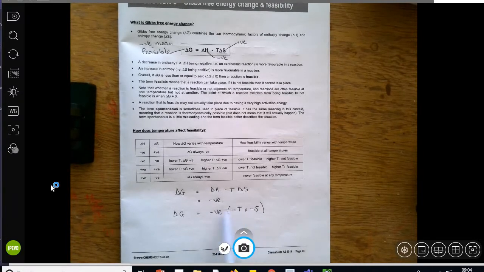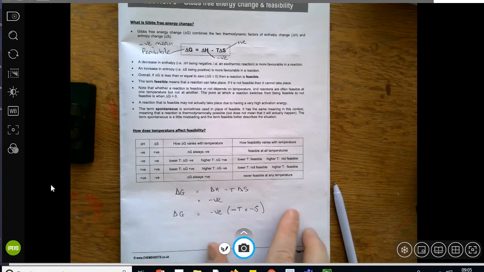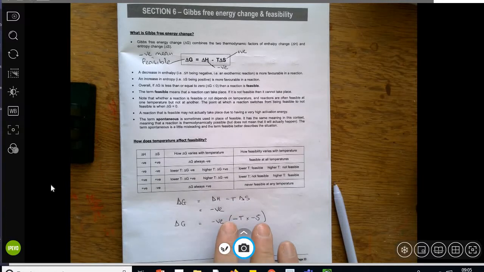Then if it is smaller than delta H, that equation is feasible. So it will only work at low temperatures. If minus T delta S makes this bracket larger than this, it becomes not feasible because the reaction makes the delta G positive. I'm hoping that will give you a bit of an idea. It's actually worth just sticking random numbers in and seeing how that works. Okay, so that's the first idea of this.